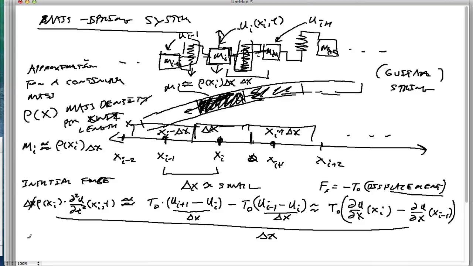Now we can divide this whole thing by delta x, and it cancels that one there. What we get is rho at x_i times the second partial derivative with respect to time. And when we divide by delta x, the right side looks like a second partial derivative.